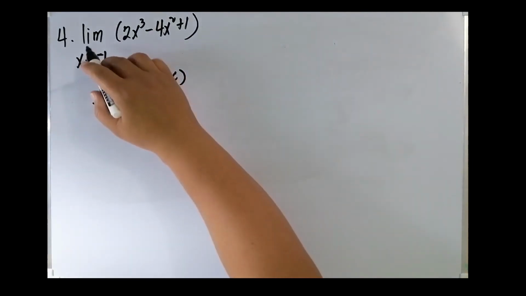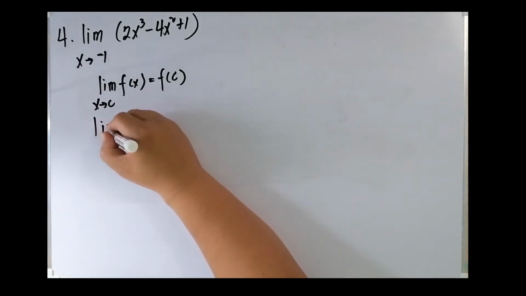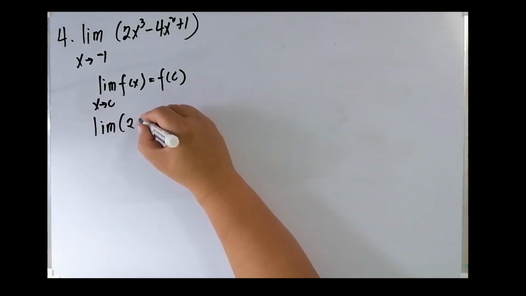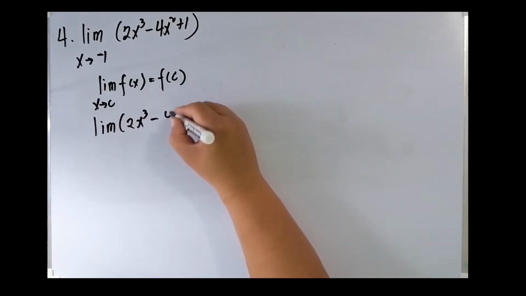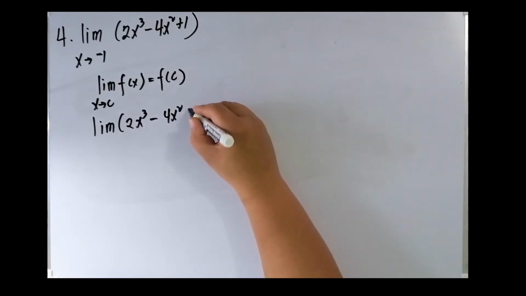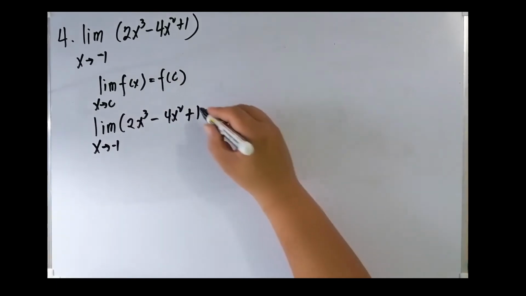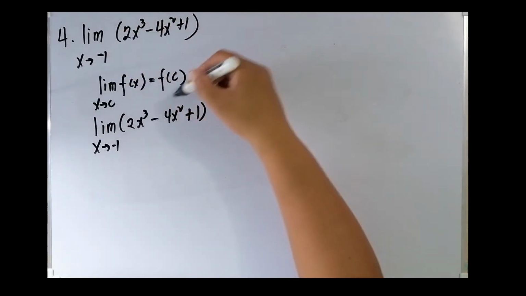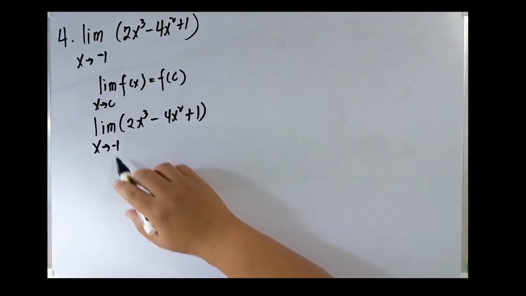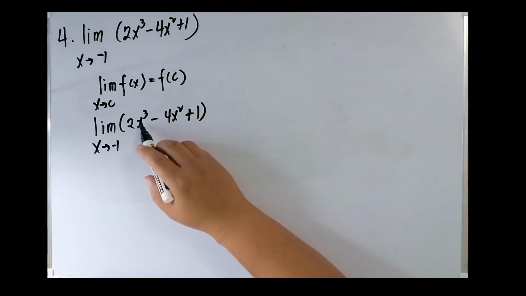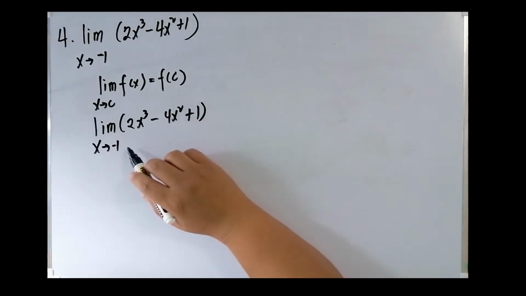So we have the limit of 2x cubed minus 4x squared plus 1 as x approaches negative 1. Para ma-apply natin yung theorem na ito, we simply substitute the value of negative 1 sa mga x natin.